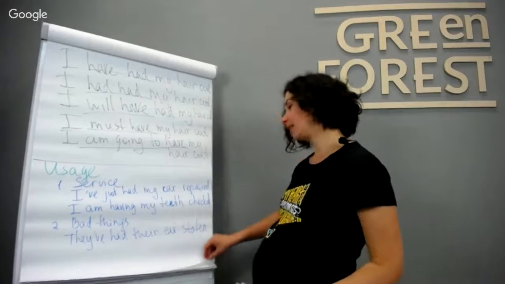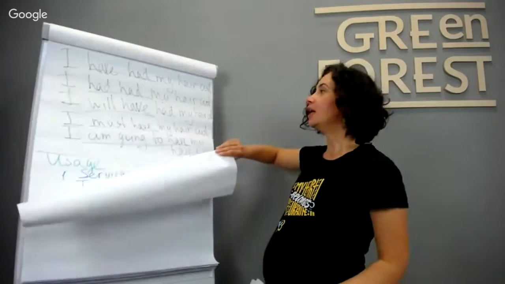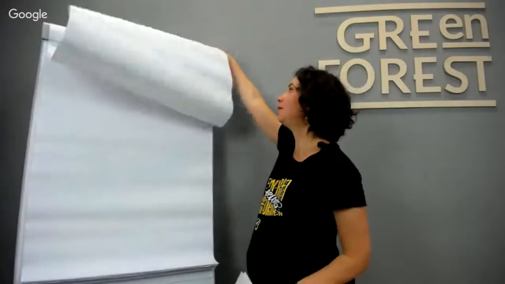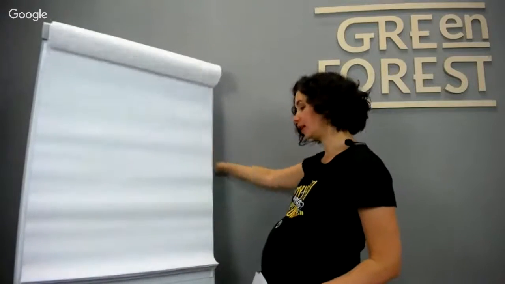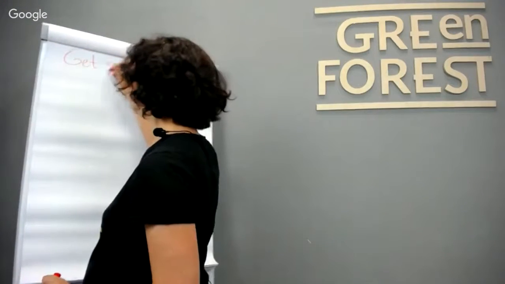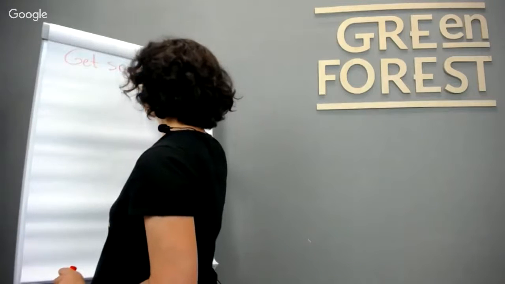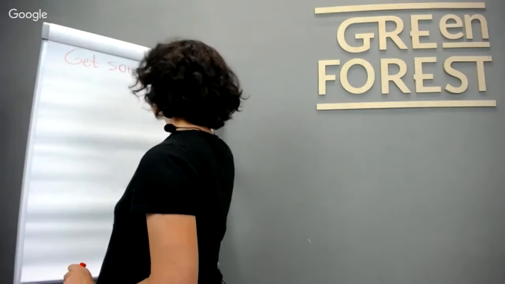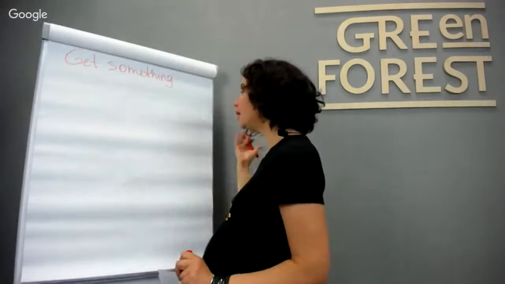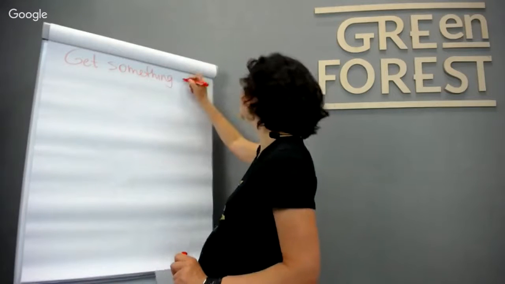One more thing that I would like to pay attention to. Typically, we use have something done, but sometimes we use get something done. And I would like you to pay attention to when we use this construction, get something done. The rules that I explained to you work for both, for get and for have. But get also has special usage.